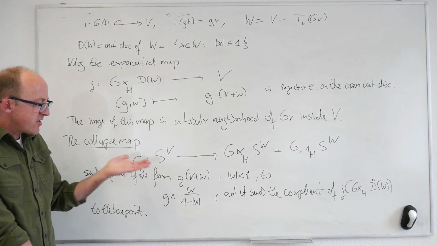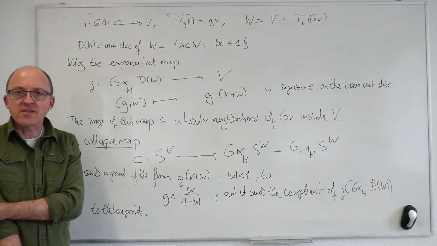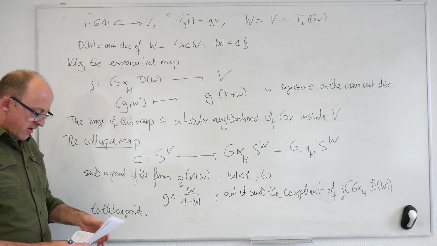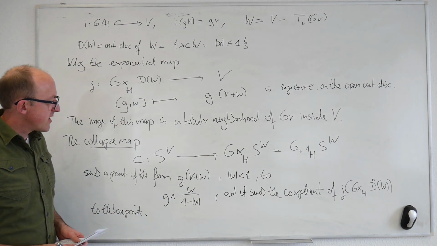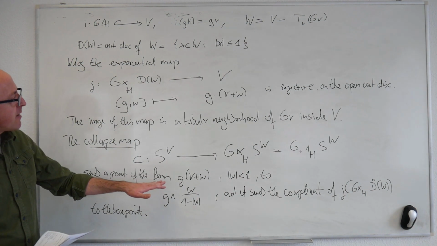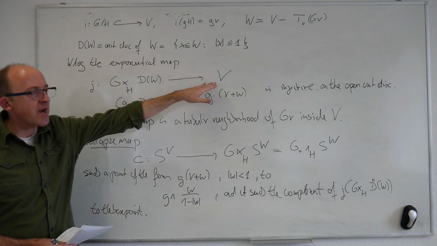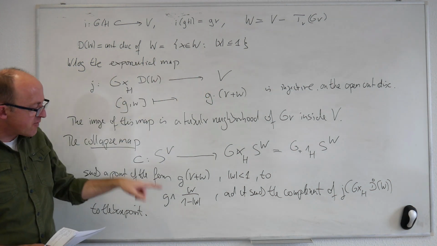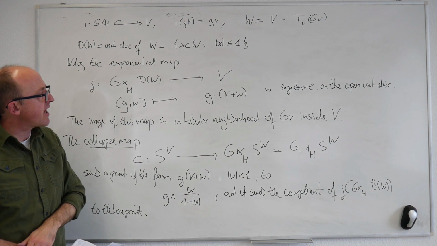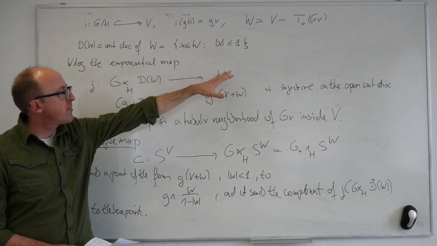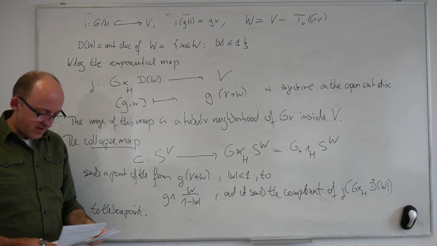I just use a specific one, and you probably want to use the same function all the time. A different way to say this: the collapse map is basically the inverse of the open embedding on the open unit disk wherever that is defined. Well, it's not quite the inverse because I'm also using this scaling factor, and the complement of the image goes to the point at infinity.